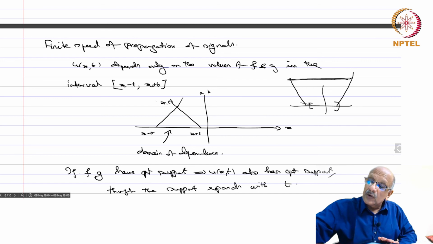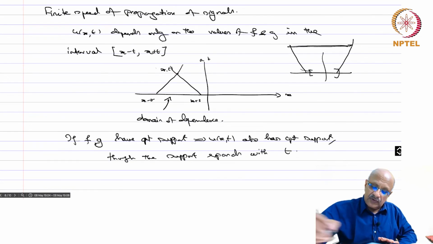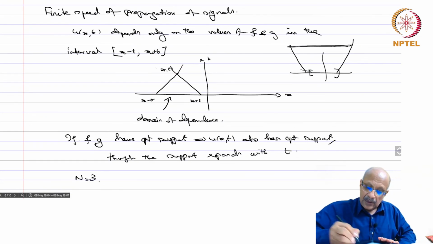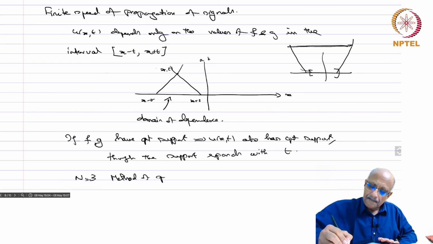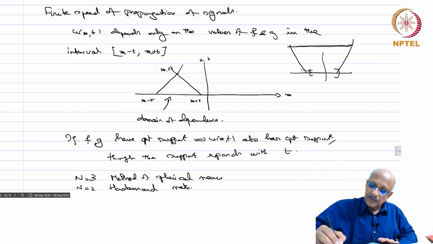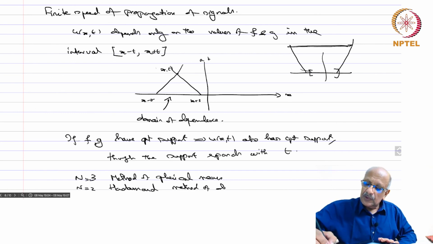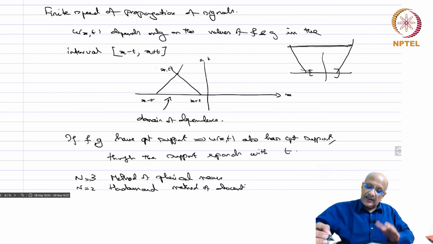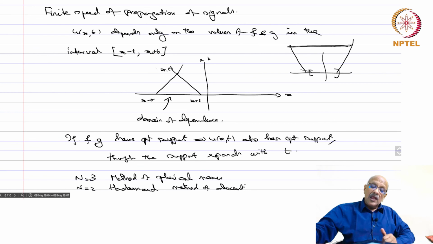Now, one can write down explicitly the solution in n equals 3. This is called the method of spherical means. And for n equals 2, this is called the Hadamard method of descent, which means you write it for n equals 3 and then you restrict it to the case where it is only two dimensional, and one can study the properties of the solution of the wave equation.